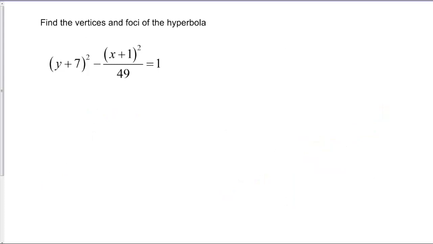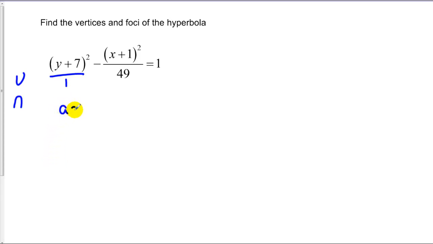Now we're going to actually find the exact values of these vertices and focal points of the hyperbola. The first thing I'm going to do is take and put a 1 under the (x plus 7) squared term. Now I know that since my y term is leading or positive, this hyperbola is going to be moving up and down, which will help a little bit.